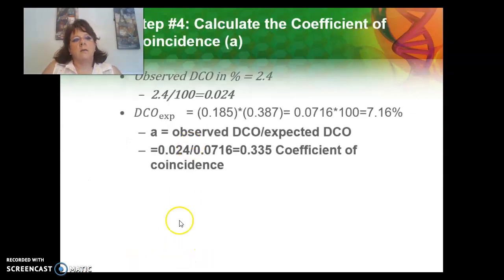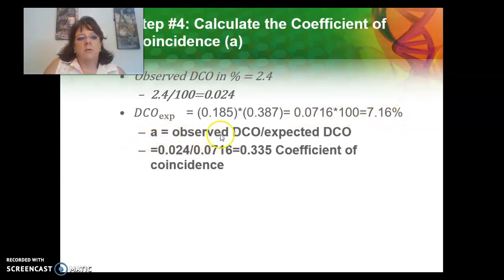Now step 4 to calculate the coefficient of coincidence for A. The observed double crossover in percent is 2.4. The 2.4 divided by 100 is 0.024. The double crossover expected is 0.185 times 0.387, which equals 0.0716, times 100 to give us 7.16%.